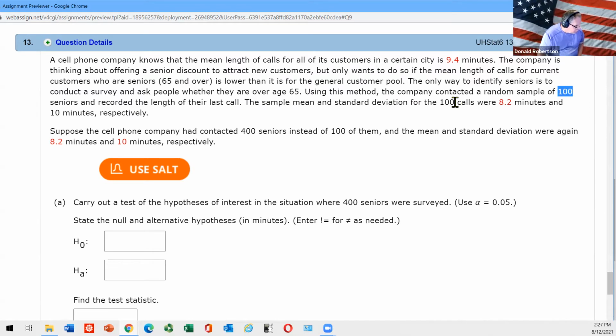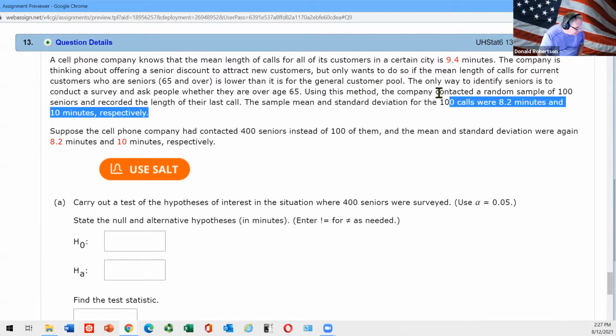And they recorded the lengths, and the average was 8.2. And the standard deviation was 10. So pretty much that piece of the sentence has all the numbers that we need. Great. It's got the sample size, the mean, the standard deviation.